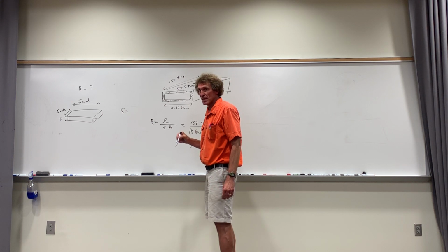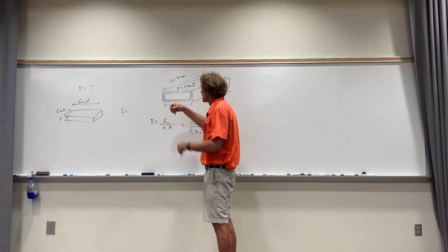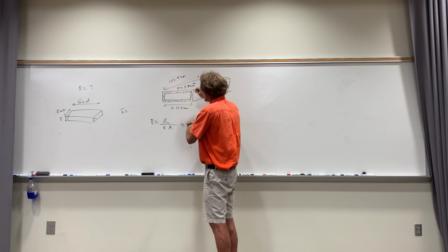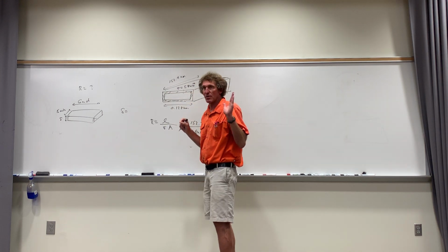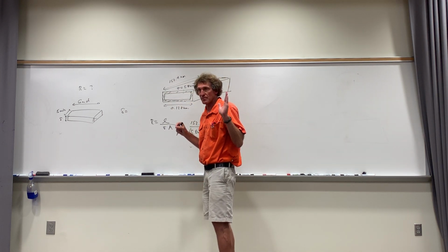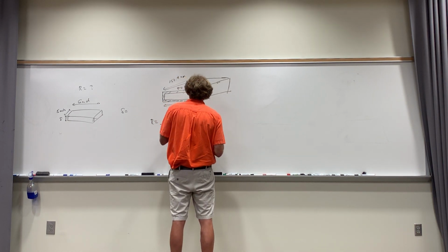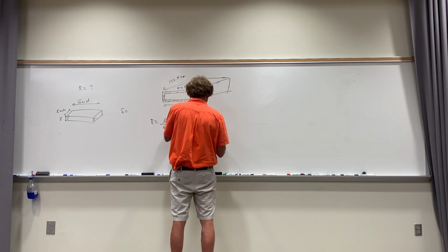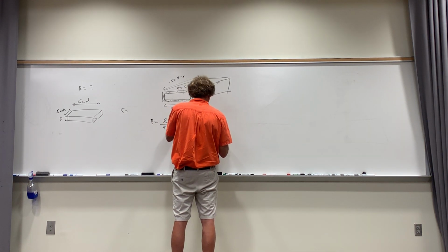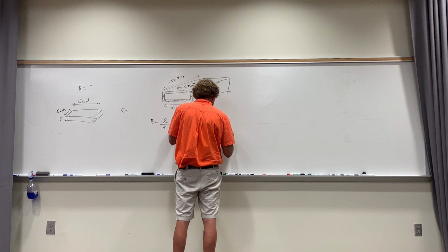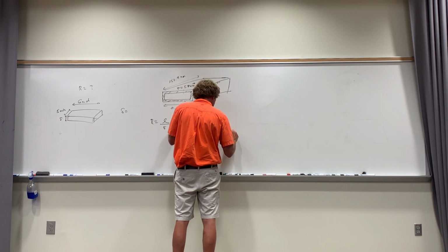Just cut this thing and straighten it out. Ignore these edges, they're too small. Can you all see this? So the area is the skin depth that we're gonna get in a second, times 2 times 0.127 millimeters, times 10 to the minus 3.